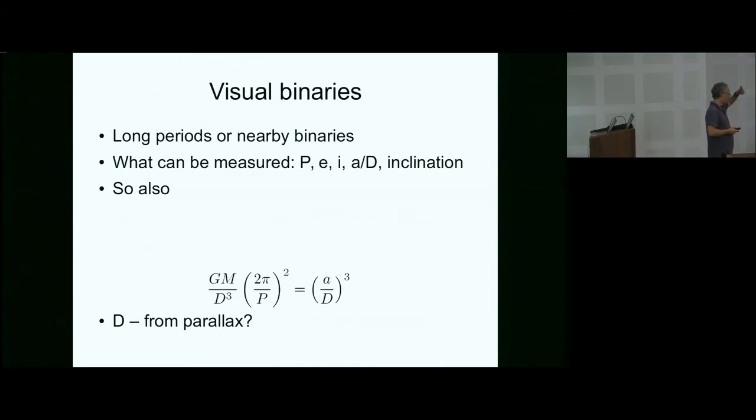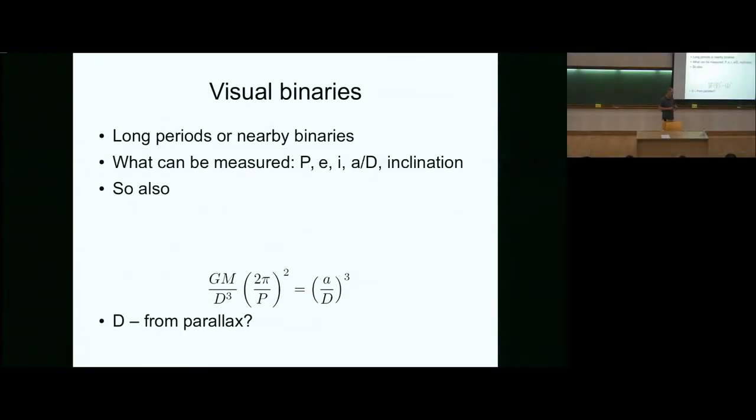So if you have an elliptical orbit in the plane, you will have a varying velocity on the orbit, and if you have a circular orbit that is inclined, your angular velocity will be different. So also you can use this information to infer the total mass of the binary, yeah?